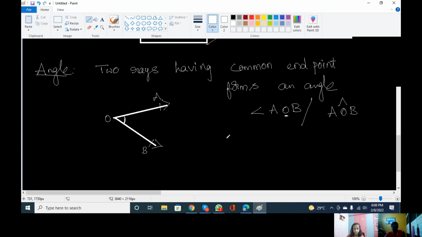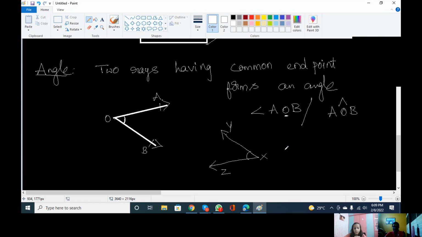Now I'm going to give one more figure. You have to name the angle whatever I have asked. For example, now name this angle.